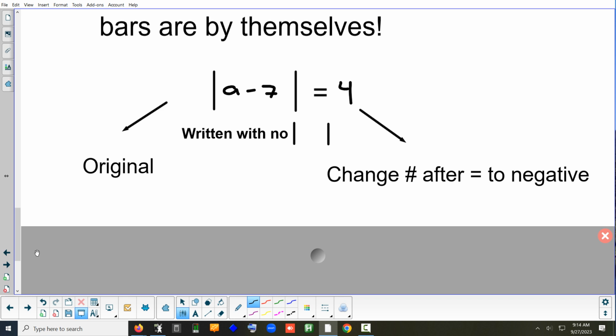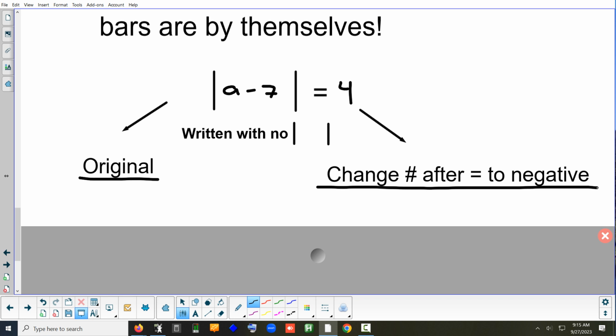On the left arrow, you can put the word original. I don't think you have that on your guided notes. One of the equations that we write down is going to be exactly the same as the original. We're just going to write it with no bars. We're literally just going to erase the bars from the problem and then write it down.